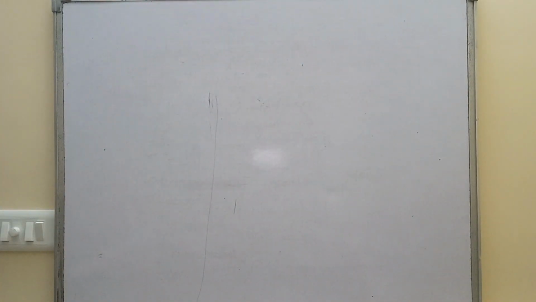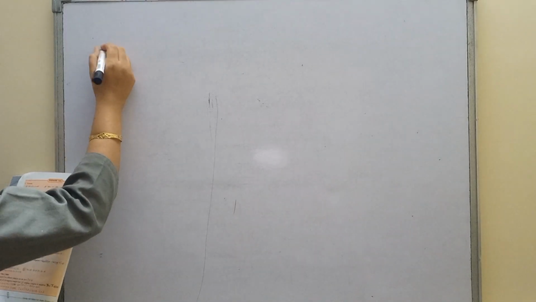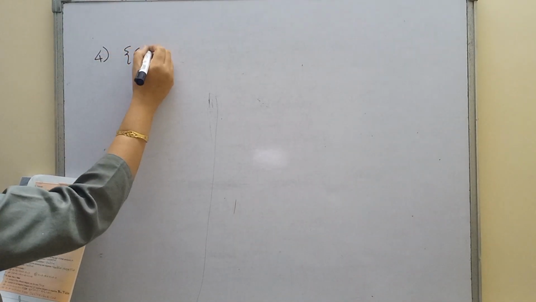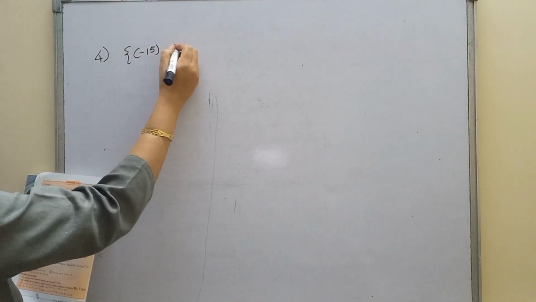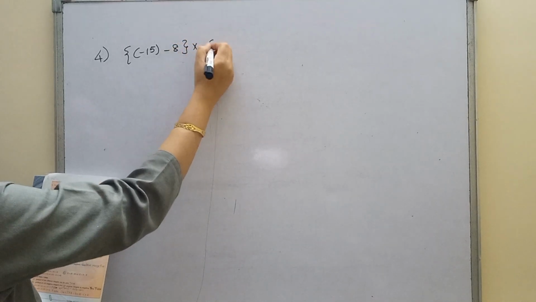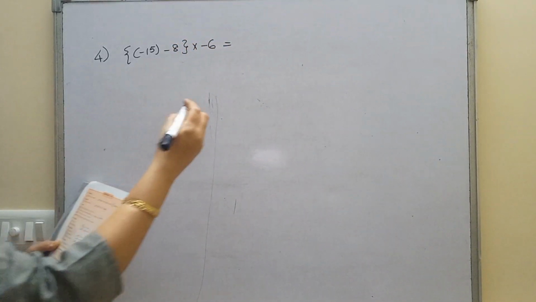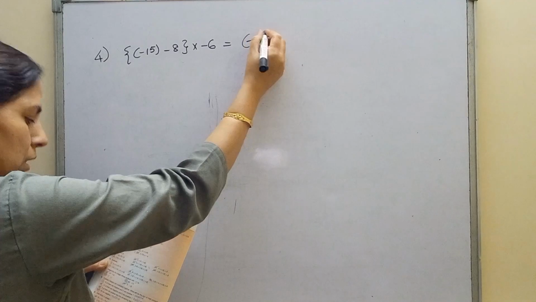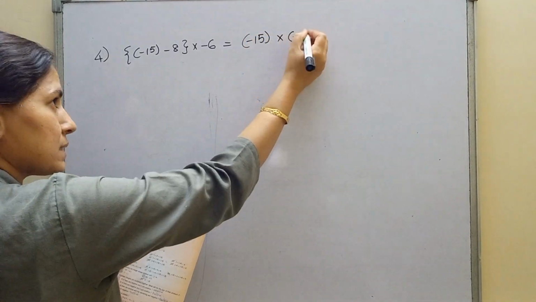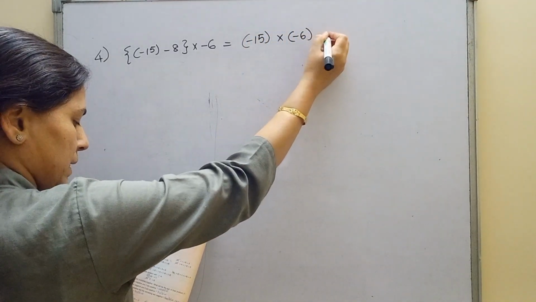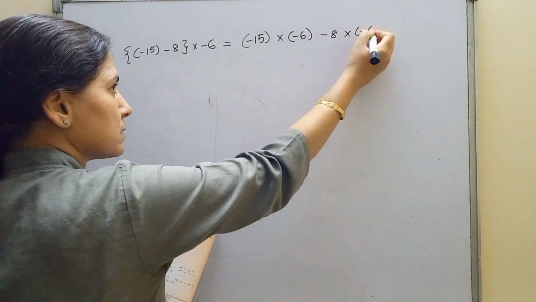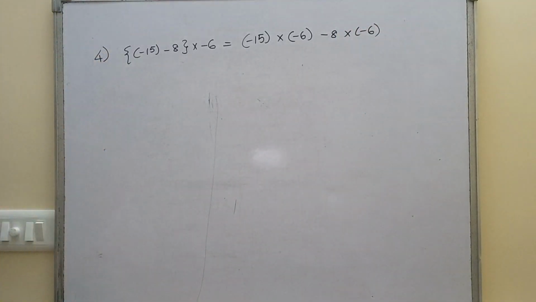It is minus 15 minus 8 multiplied by minus 6, and on RHS it is minus 15 multiplied by minus 6 minus 8 into minus 6. Don't get confused or scared of numbers.